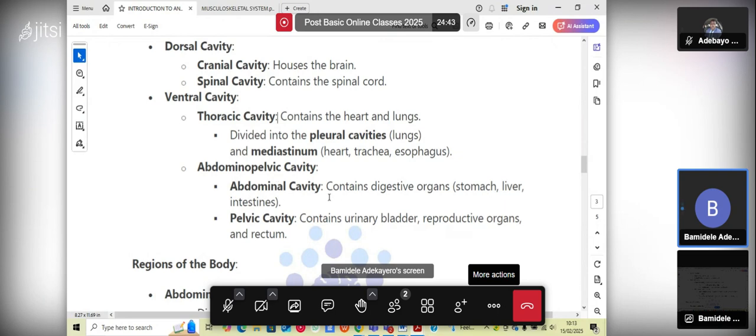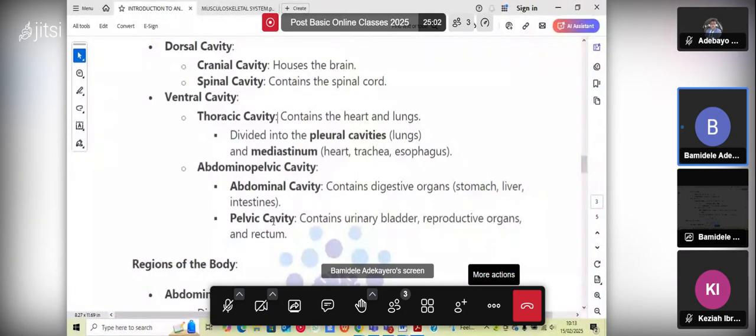The abdominal cavity in itself contains the digestive organs, mainly the stomach, liver, and the intestines. Those are the main ones in the abdominal cavity.